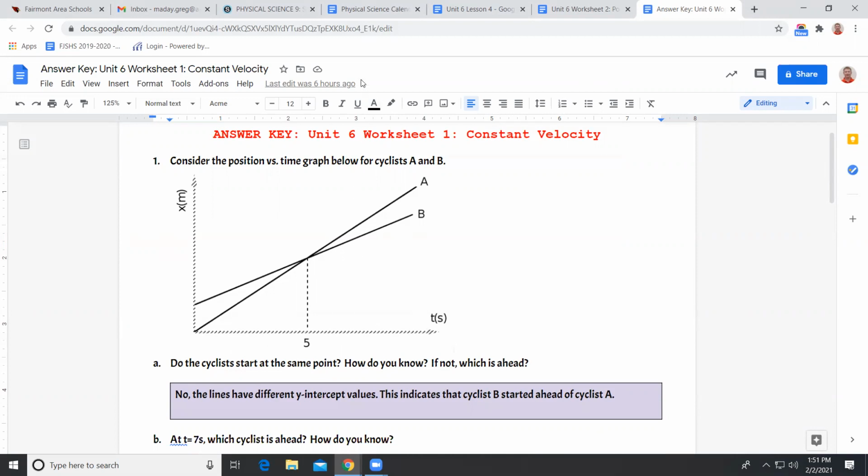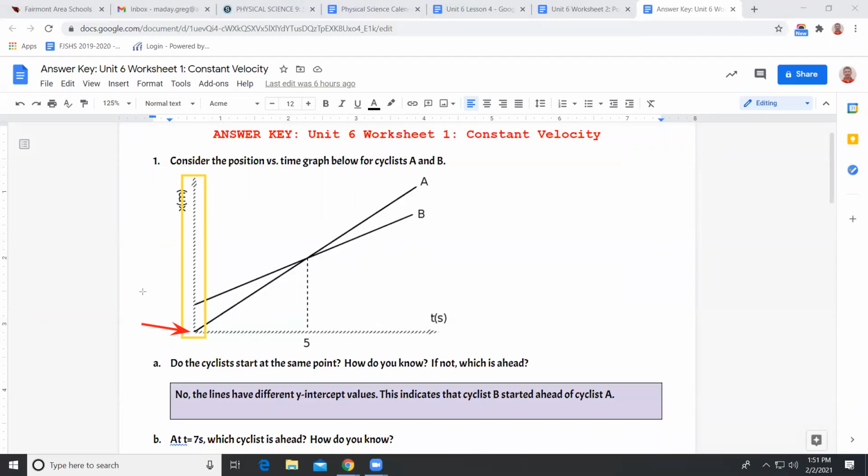So you can see here, do the cyclists start at the same point? They do not. Remember, the key thing for looking at the starting point is we're looking at the y-intercept, or that y-axis. Cyclist A is starting basically at the 0 point, at the very bottom of the y-axis, which would be 0 meters.